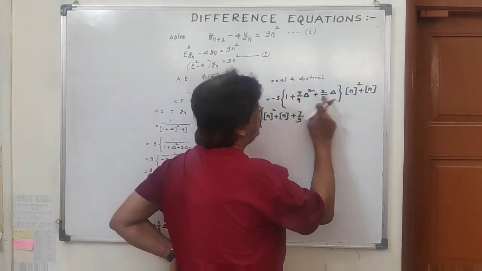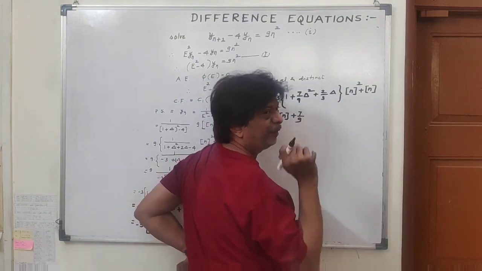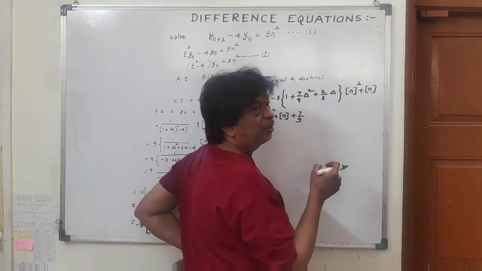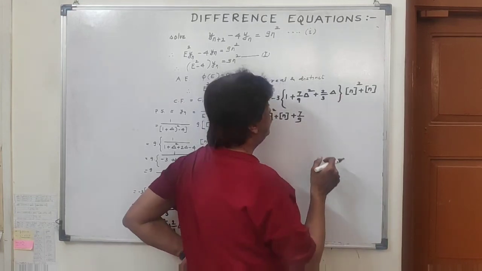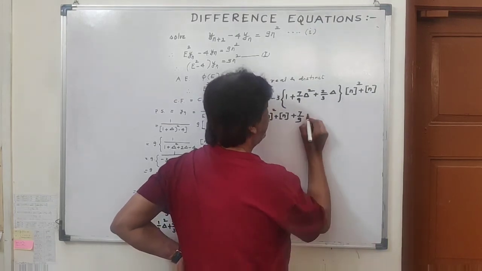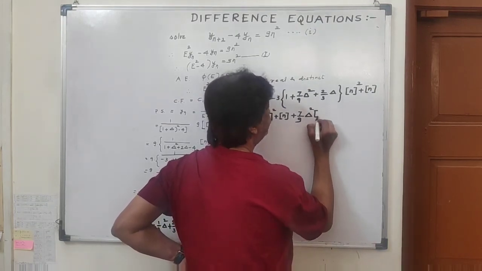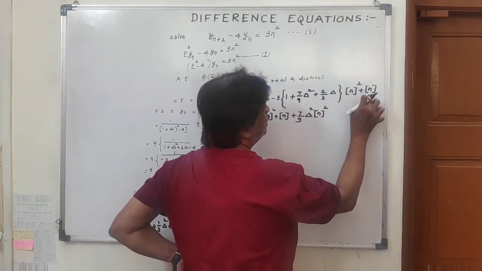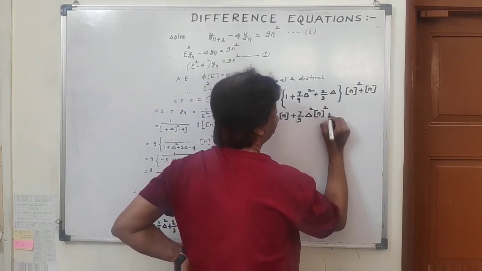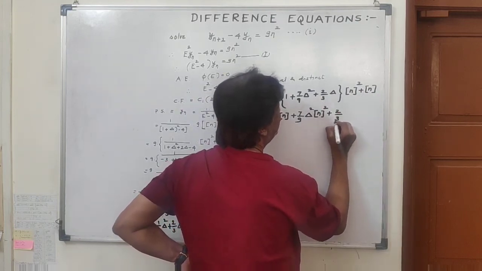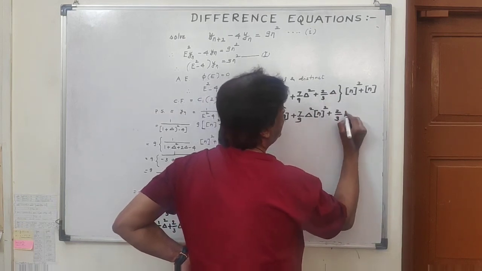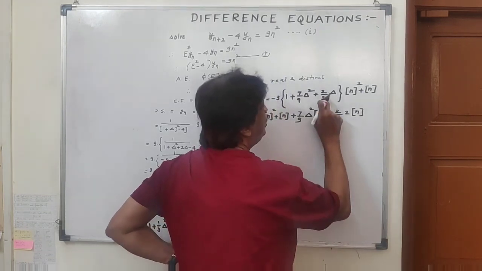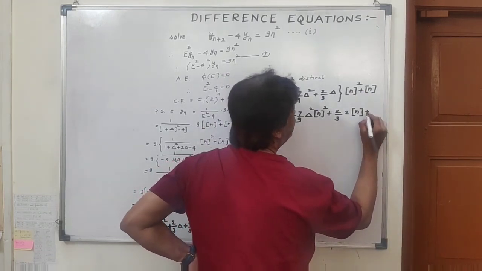Now delta square of factorial n square is, it is the second derivative of n square, so it is 2. Delta square of this is 0, plus 2 by 3 times delta of this is 2 times factorial n, and delta of n is 1 plus 2 by 3.